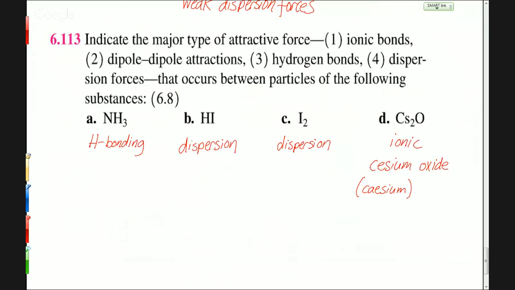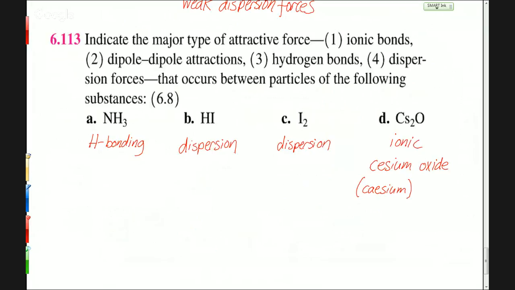All right, so now that we've done that, let's imagine that this question asked us something else. Let's say this question asks us to rank. Let's not do that. I was going to say rank melting points, but it doesn't actually work with these compounds because they're so different in size. Normally, we would say the hydrogen bonding one is much, much stronger. It has the higher melting point. But because iodine is so big, I2 iodine is a solid.